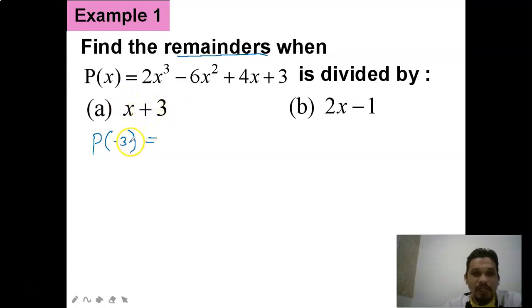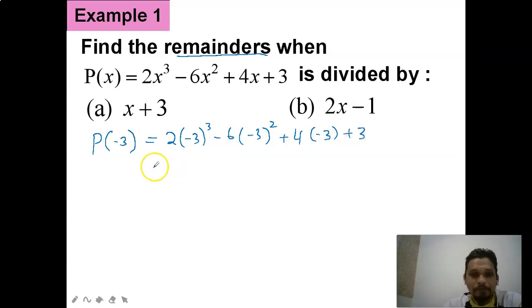Substitute into 2 times negative 3 cubed minus 6 times negative 3 squared plus 4 times negative 3 plus 3.